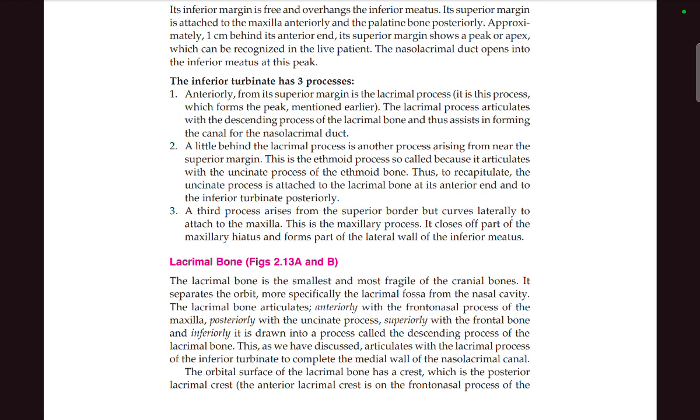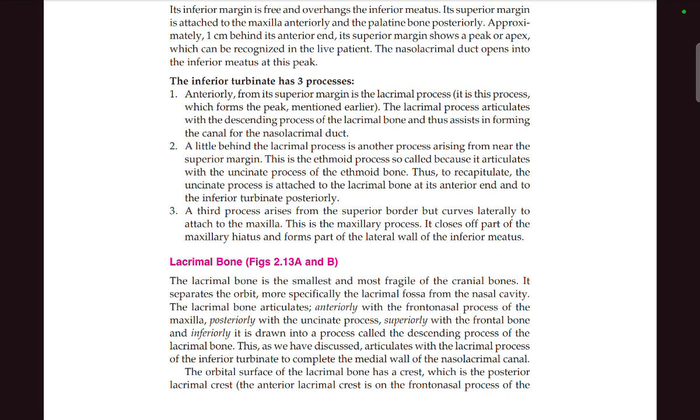This, as we have discussed, articulates with the lacrimal process of the inferior turbinate to complete the medial wall of the nasolacrimal canal.